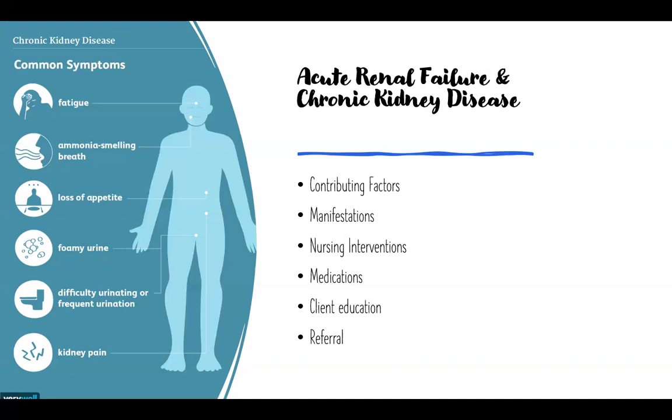And we also have to implement dietary modifications for this patient. When they're in the oliguric phase, they will be given low protein, high carbohydrate diet with restricted potassium intake.